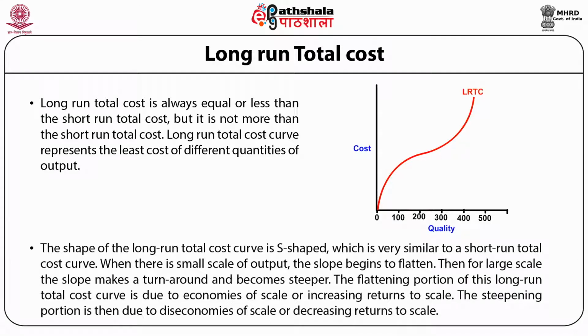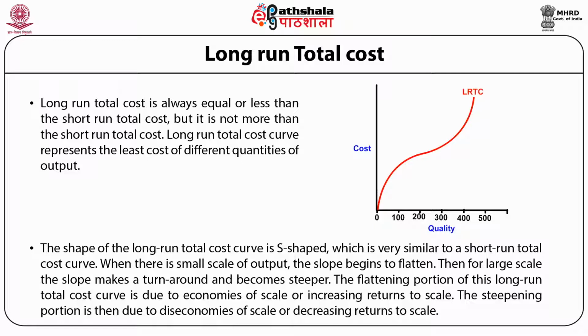The shape of long run total cost curve is S-shaped, which is very similar to a short run total cost curve. When there is small scale of output, the slope begins to flatten. Then for large scale, the slope makes a turnaround and becomes steeper.